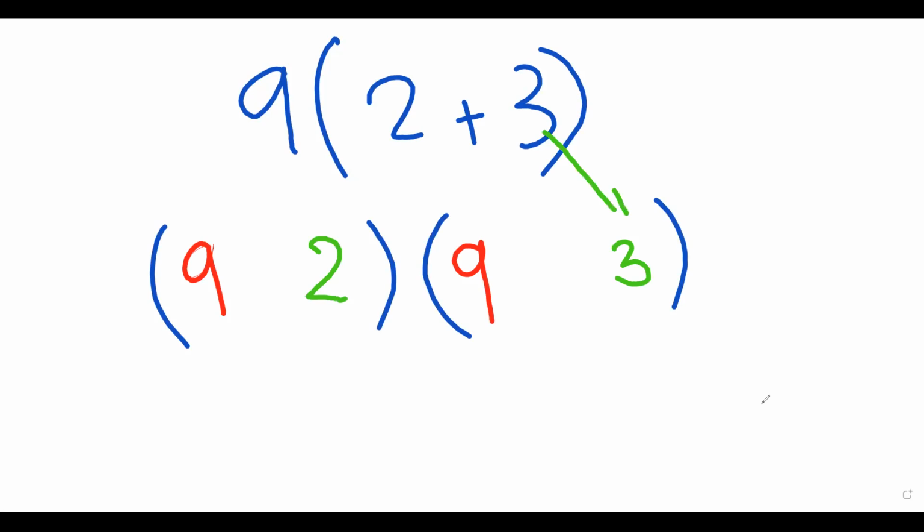And what do I have to write between 9 and 2? Multiply. And what do I have to write between 9 and 3? Multiply. And what's the sign between 2 and 3 here? Is it addition or subtraction? Addition. So I will write this addition sign between these 2 brackets.